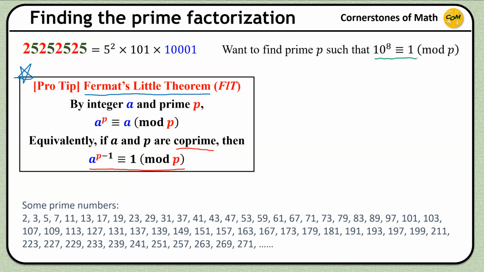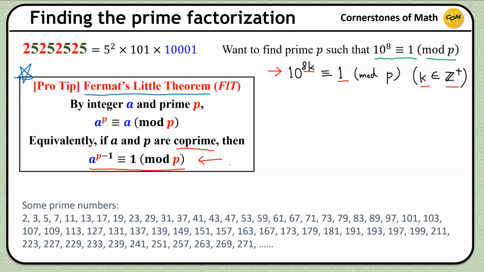Let's go back to this part. 10 to the power of 8 is congruent to 1 modulo p. By the exponentiation property of modular arithmetic, we know that 10 to the power of 8k, where k is a positive integer, is congruent to 1 modulo p. Let's compare this with this statement of Fermat's little theorem.